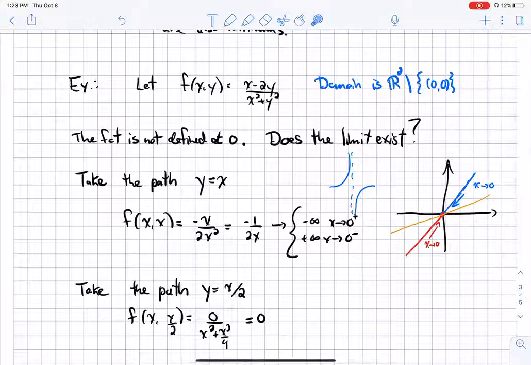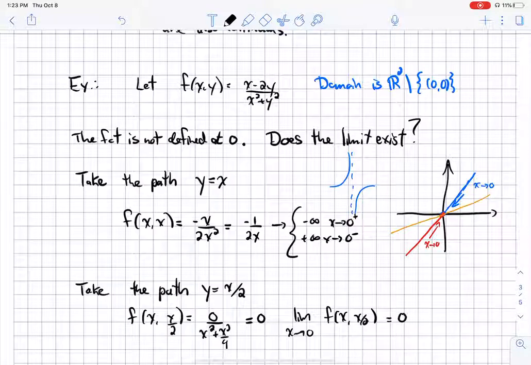So this is 0 for any x on that path, except the origin. So when I approach, it is 0. So the limit when x goes to 0 on the path y equals x over 2 is 0. So it's not only that it blows up on one path, but on the other path it's 0.